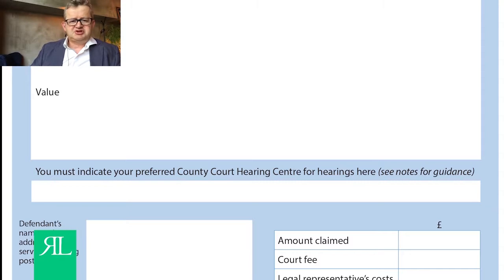If you look at the notes here, it invites people to put down a value, or a range, and that range is within the small claims, fast track and multi-track spectrums: up to 10,000, 10,000 to 25,000, up to 50,000. Obviously the small claims track is typically under 10,000, although read the notes about housing disrepair and personal injury claims. You're probably going to be bringing a small claim.